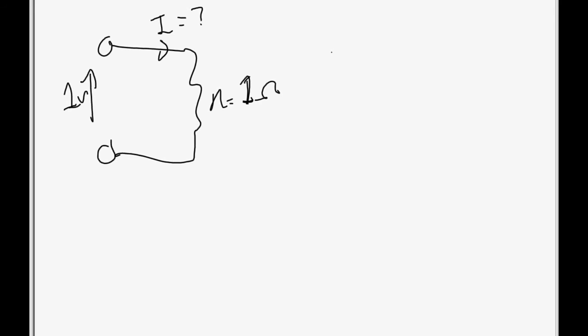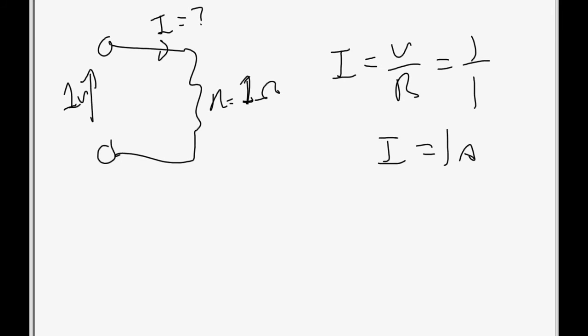Current is equal to V over R. I had a brain fart just then. So plugging in the numbers, it's 1 volt over 1 ohm, your current is 1 amp. Done, simple. Current is 1 amp.